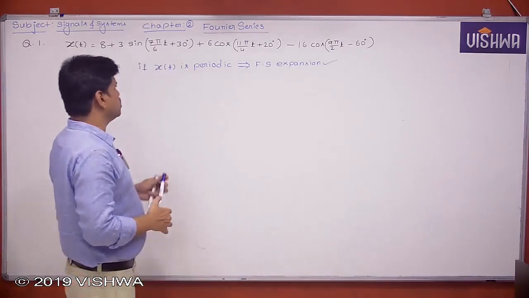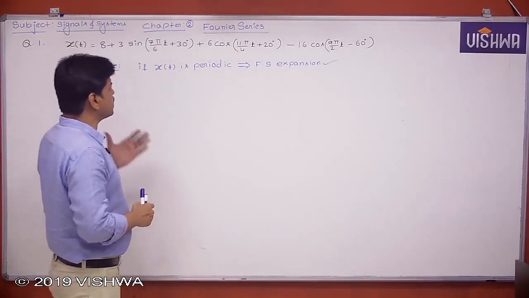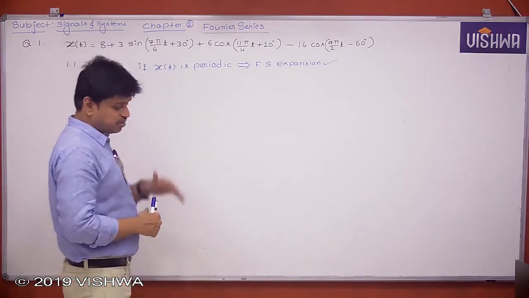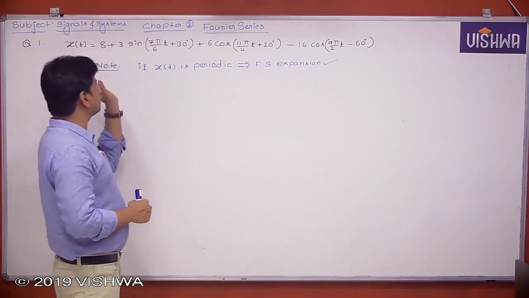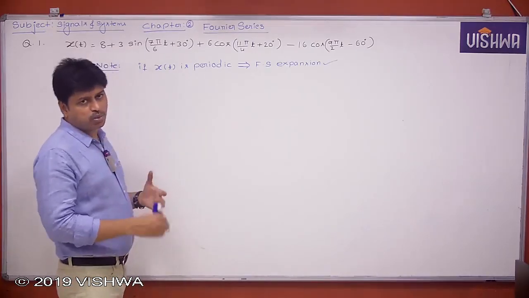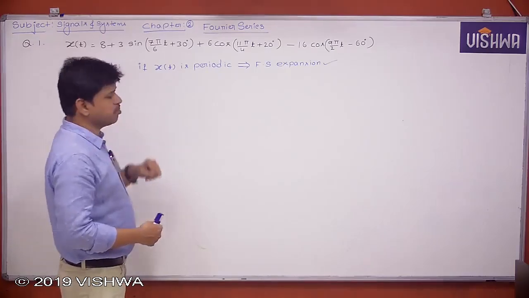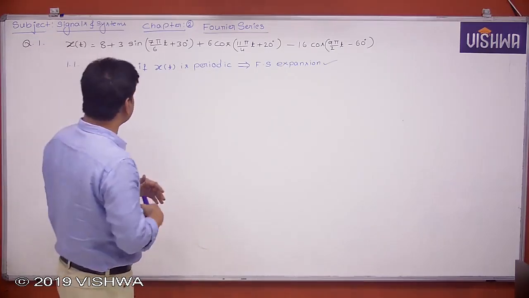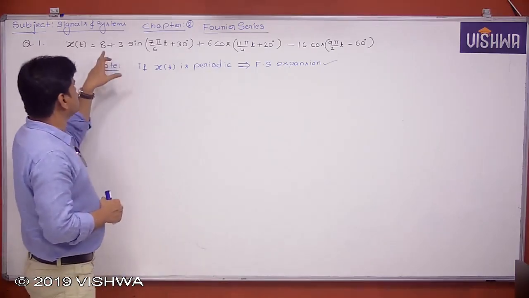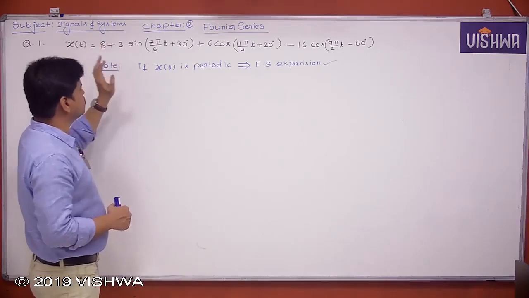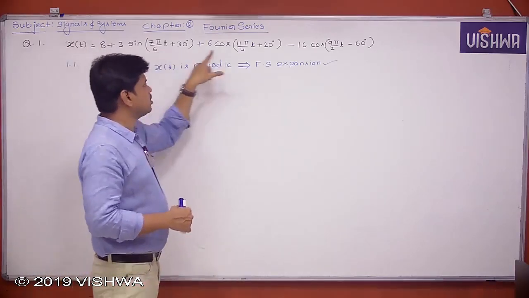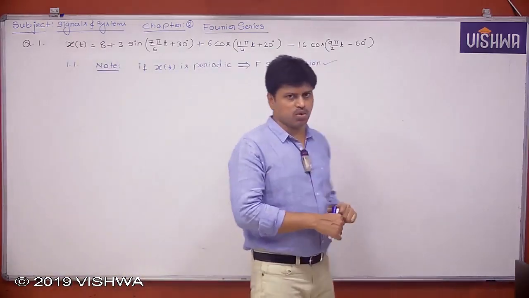Let's see how we can say whether it is periodic or not. In the fundamentals we learned how to check whether the given expression is periodic and what the fundamental period is. No need to worry about the constant term. Omega 1, omega 2, omega 3 are known.